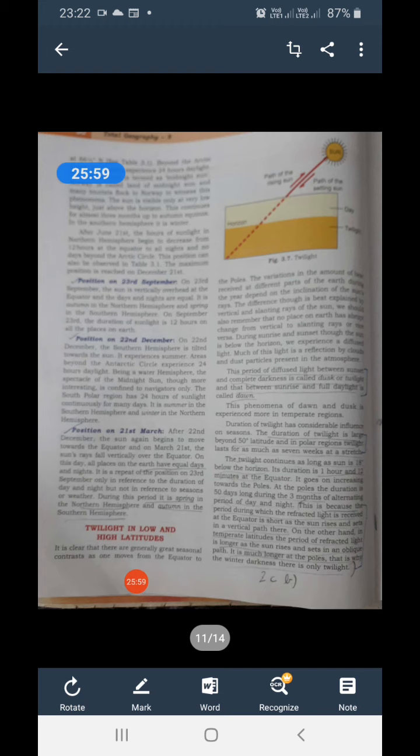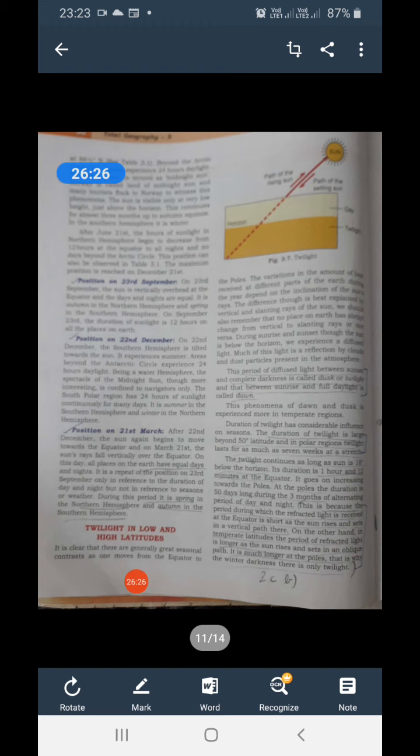And beyond the Arctic Circle, because the Earth is tilted, it is inclined, all the places will experience 24 hours of daylight, which is called the phenomenon of the midnight sun. And Norway is called the land of the midnight sun because the sun is visible even during midnight, and it is at a very low height just above the horizon.